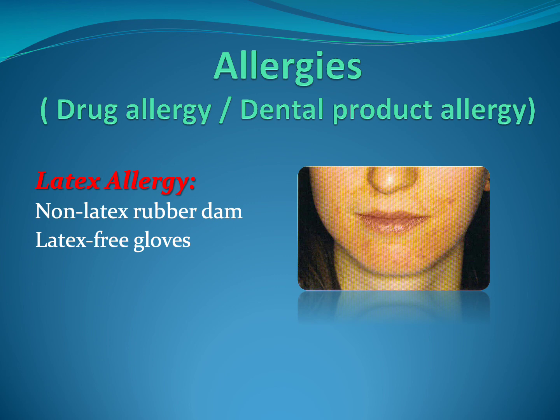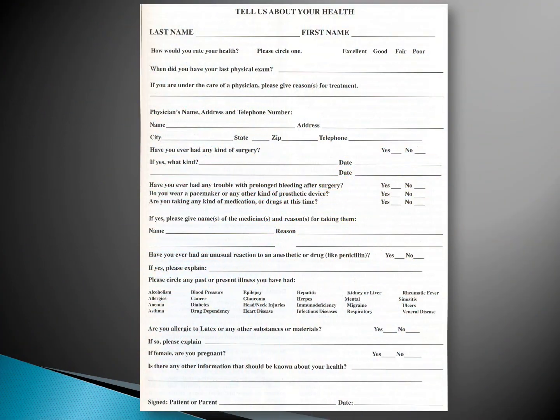So we have to ask the patient if he has any allergy, to drugs, anesthesia or antibiotics. Some patients have allergy to penicillin, so we have to change the antibiotic. Every detail is very important.